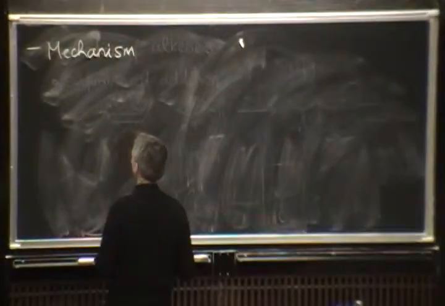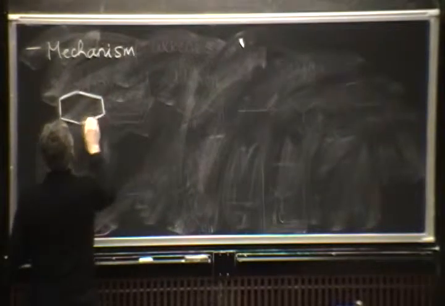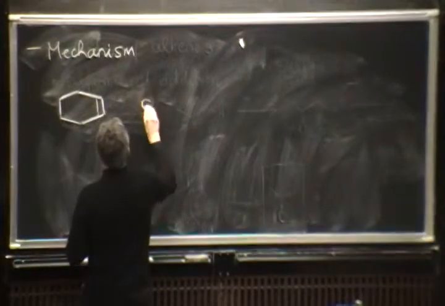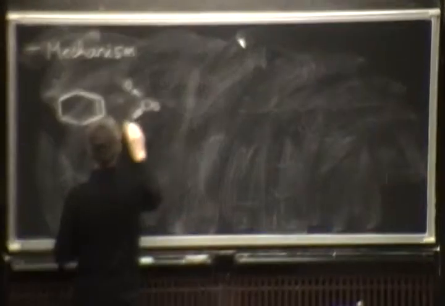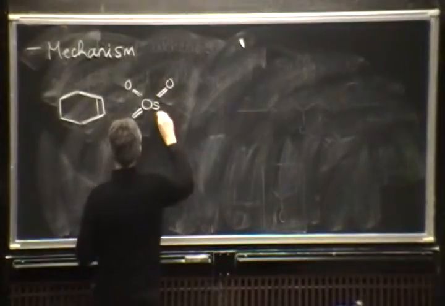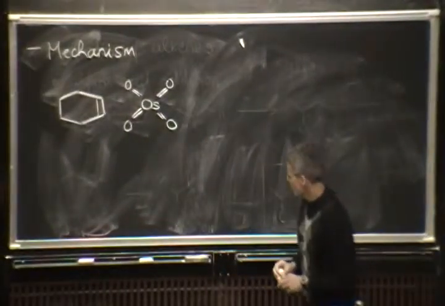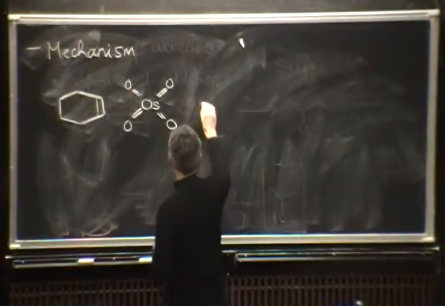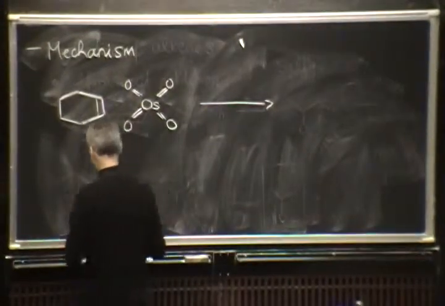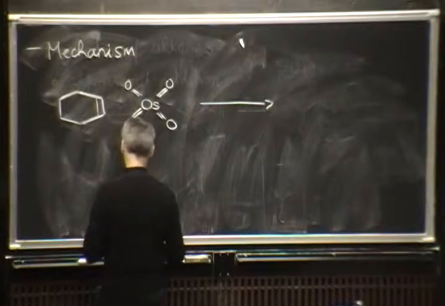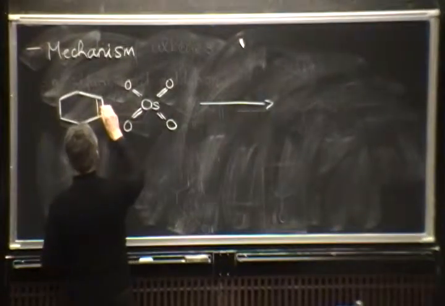So the key aspect is a very interesting new reaction. It's a cycloaddition of the osmium tetroxide, which is, by the way, a liquid, even though it contains this metal osmium, a very heavy metal. And so this is a 2+4 cycloaddition in terms of electrons and 2+3 in terms of the atoms involved.